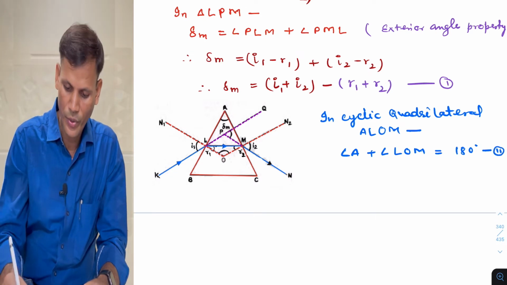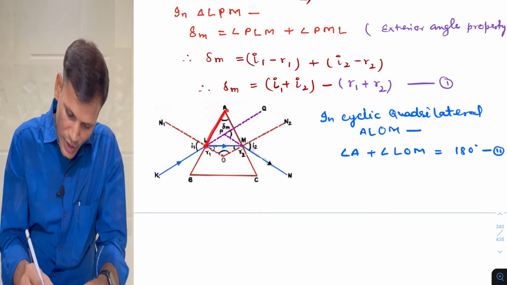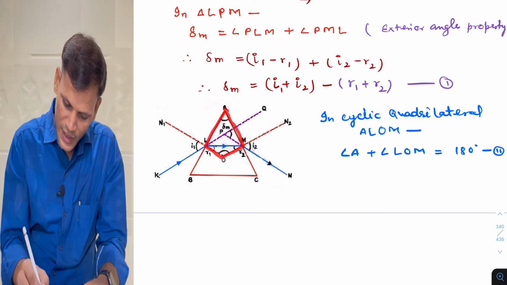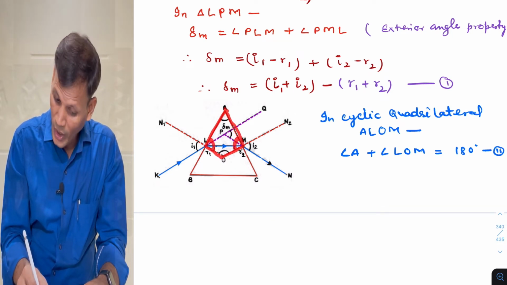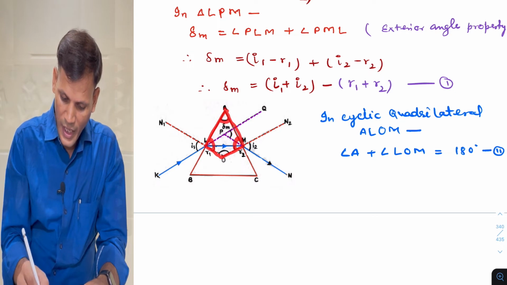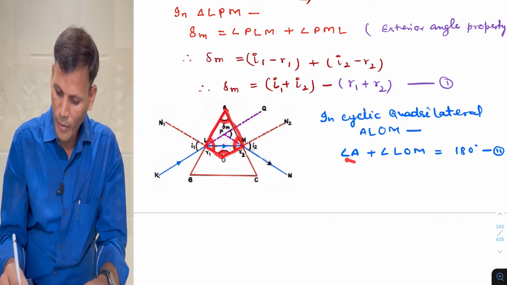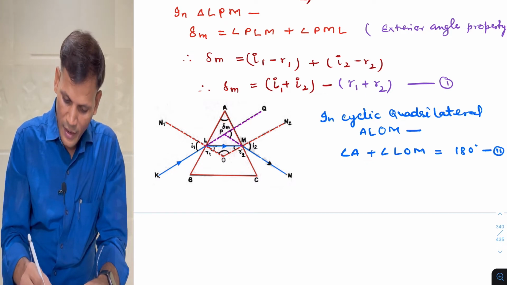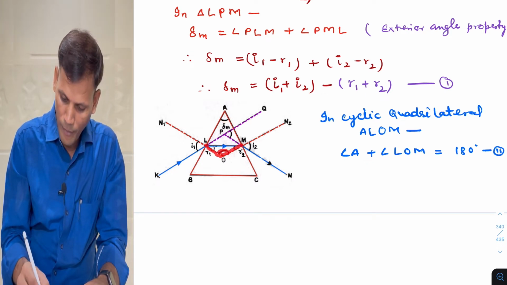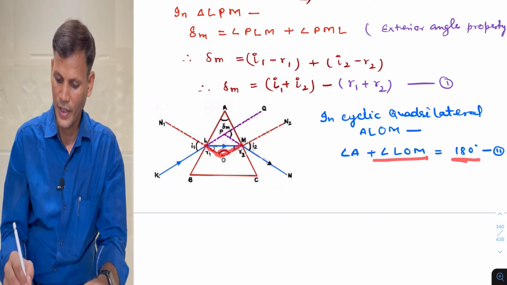This is equation 2. I am talking about this cyclic quadrilateral. As I proved, the sum of these two angles is 180 degrees, so angle A plus angle LOM is 180 degrees.